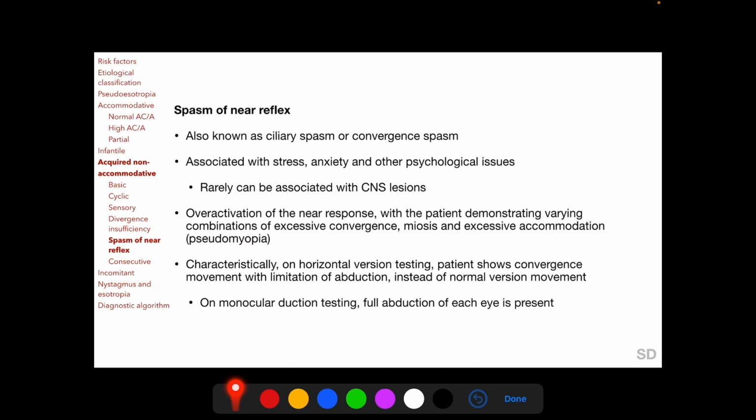Characteristically, on horizontal version testing, the patient shows convergence movement with limitation of abduction of the abducting eye instead of a normal version movement of both the eyes. On monocular duction testing, however, full abduction of each eye can be demonstrated in patients with spasm of near reflex.